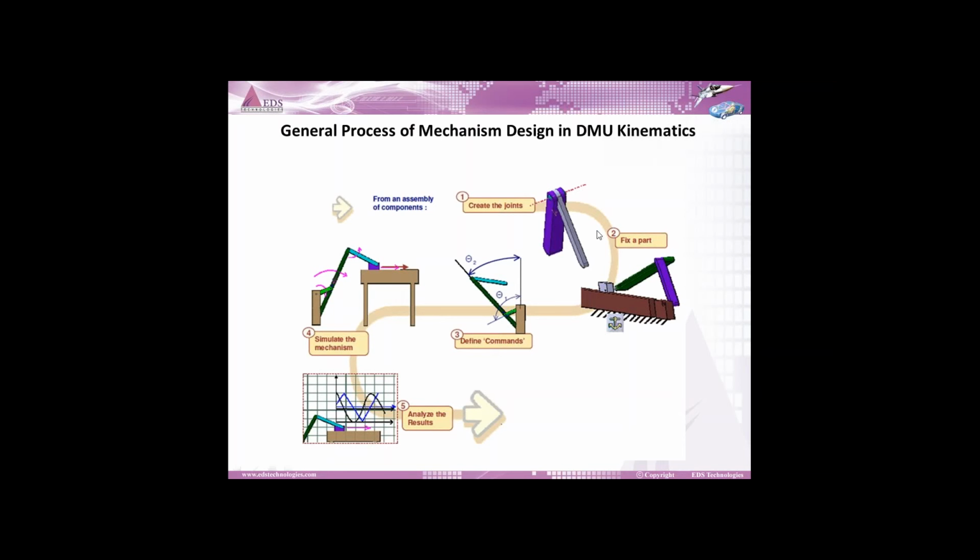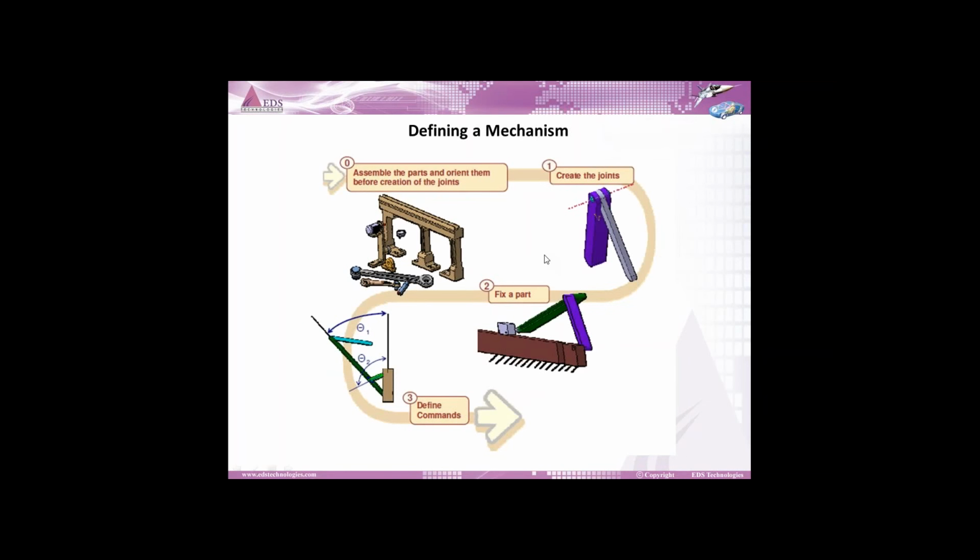So this is a normal overview of the central methodology of working with DMU kinematics. In this slide we saw how to create joints, create a fixed part, define a command, and simulate. This complete thing comes under defining mechanisms.